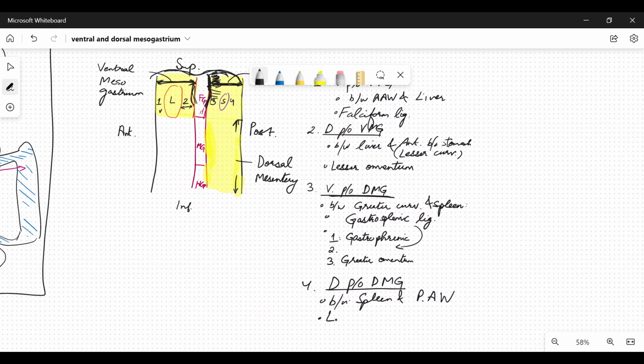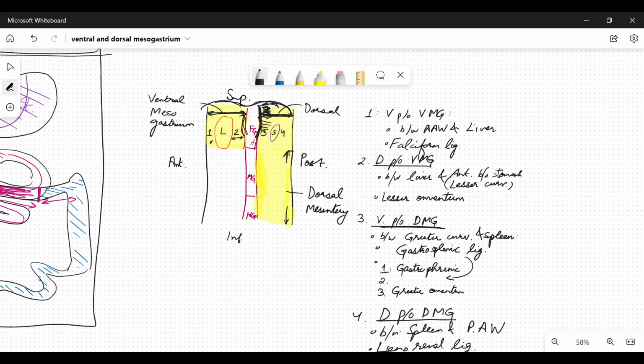That gives rise to the lienorenal ligament, because the left kidney lies on the left side of the posterior abdominal wall. So now we have done the four parts, that is two parts each of the ventral and dorsal mesogastrium.